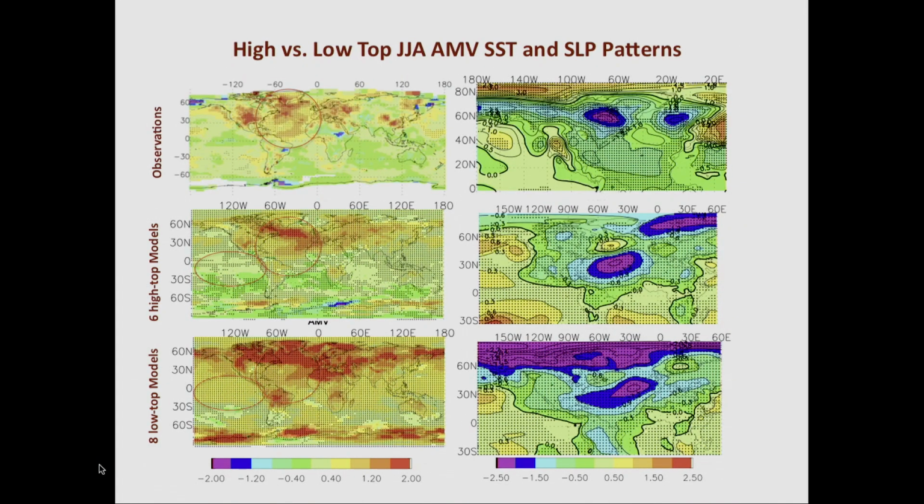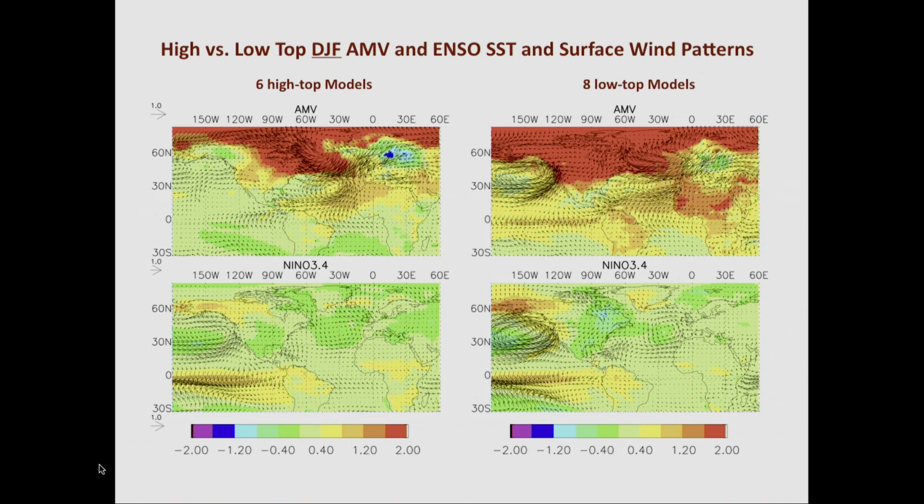And this is just the summer pattern, and you can see some of the bias; I'm going to skip over. So we looked at the surface wind just to see how ENSO and AMV are linked together. And this is again the 6 high top and 8 low top models.